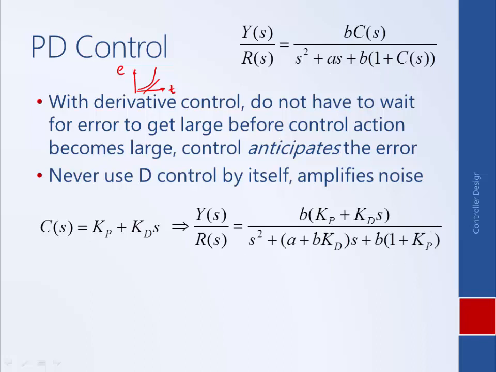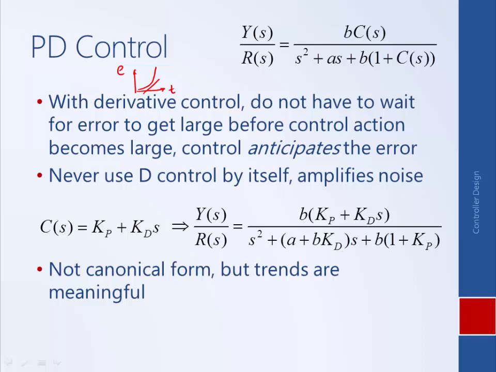So looking at this, it's not a canonical second order system because of this zero. That being said, we can still use this transfer function to build some insight. So we may not be able to predict the precise behavior of the system, but we can at least understand the trends in terms of the effect of increase in Kd.